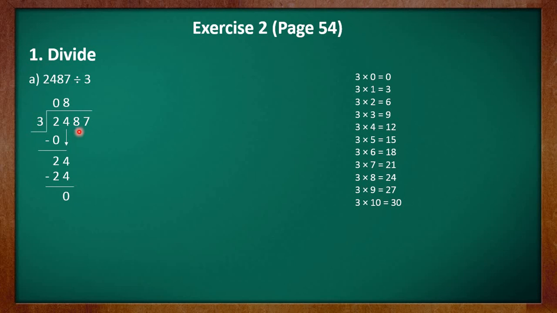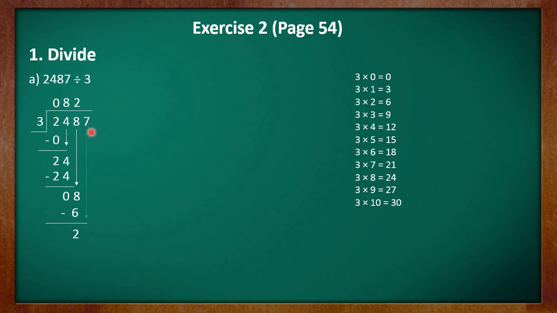Now we will look for the next digit in our dividend, which is 8. So let's bring down this 8. So now the closest number smaller than 8 in the table of 3 is 6. And we get 6 at 3 twos are 6, right? So we will write 2 in the quotient and 6 under this 8 and we will subtract. So 8 minus 6 will give us 2.